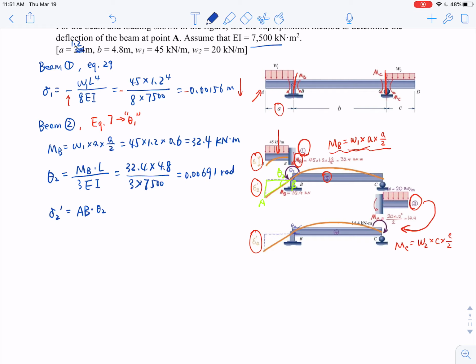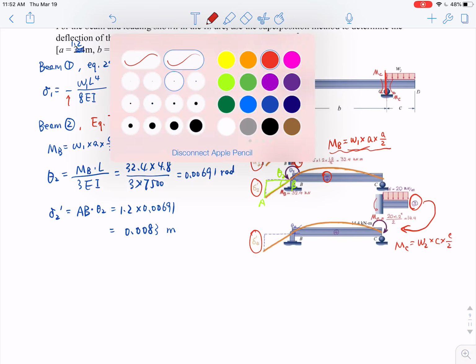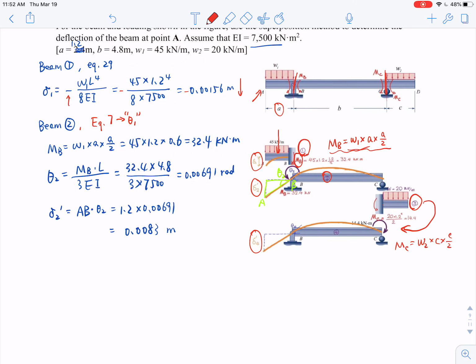AB is just A, 1.2 meter. So 1.2 meter times 0.00691 gives you 0.0083 meter. Again, this is a downward deflection as shown here.